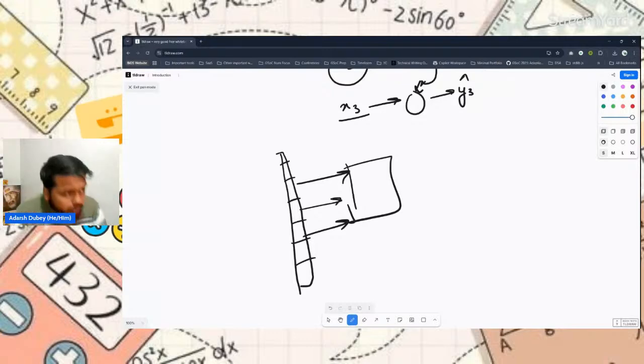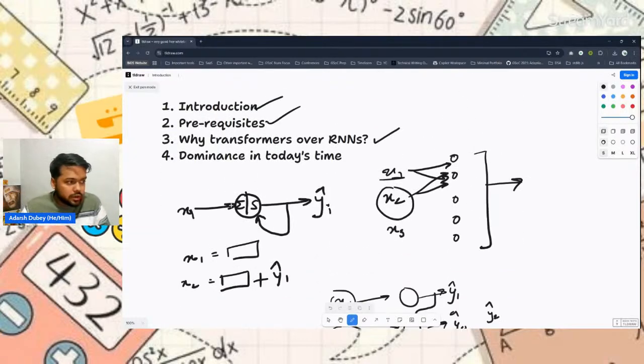Okay, cool. I believe that's enough talking about RNNs and their dominance in today's time. Whatever model you're using today, 90% of them are now transformer models, right? Even to an extent, if not transformers, then something that is used in transformers.